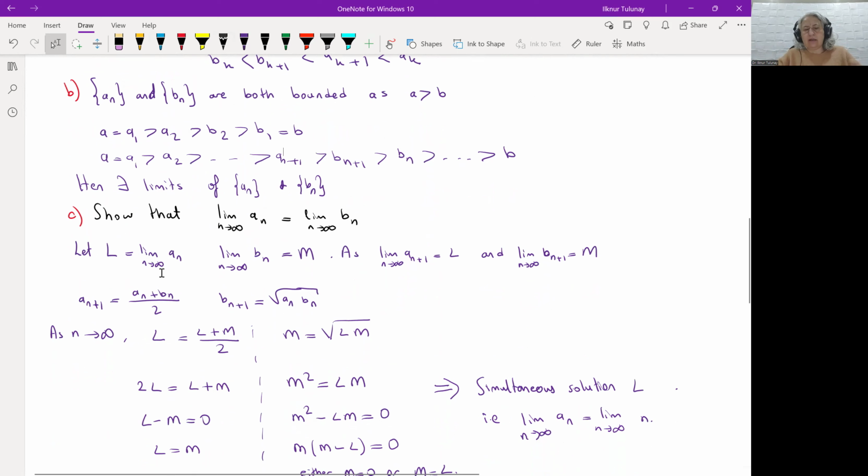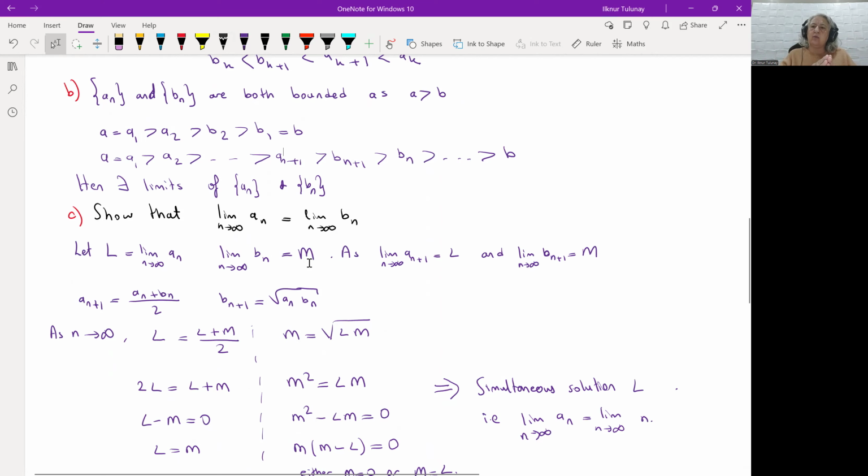Let's say L is equal to the limit as n goes to infinity of an, and because we know the existence of the limit from the above part, which is part B, we are just calling them: the limit of an is L, the limit of bn is m. All we want to do now is to check they are equal to each other. That's the aim of the game for this part of the question.